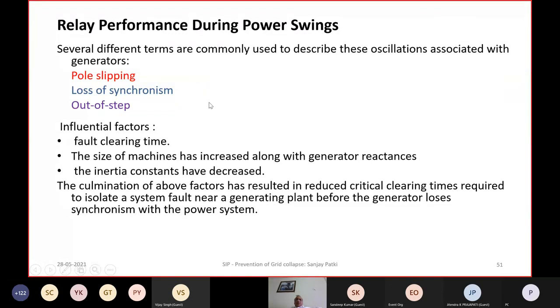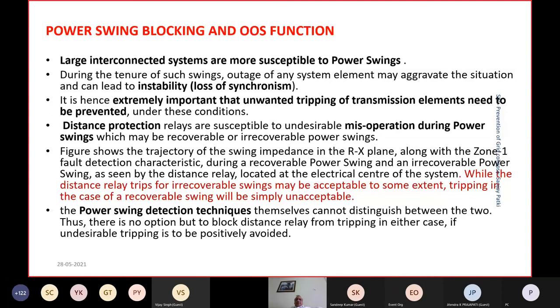There are two recommendations. One is you have a power swing blocking function in the distance relay, and there is a pole slip function in the generator protection. The power swing blocking, when the power swing gets detected, prevents the line from tripping, because if the line trips, this instability will further get aggravated.